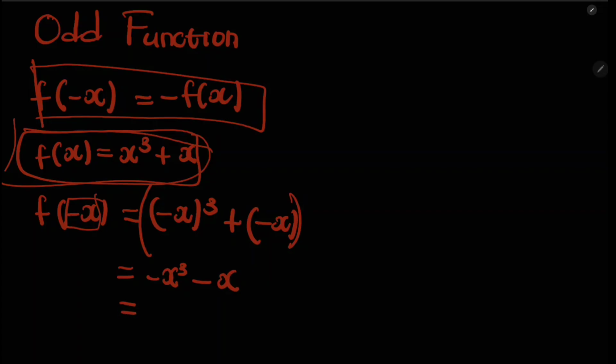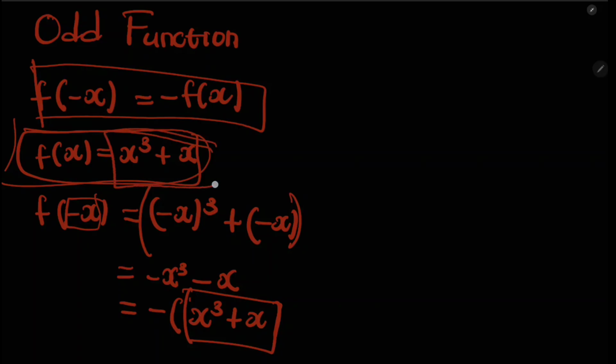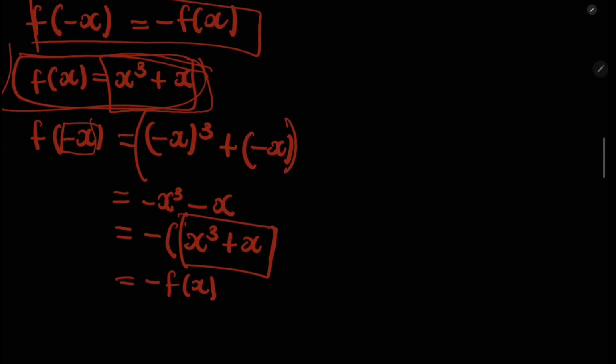And let's say we want to factor out this negative number. So we're going to have minus into x cubed plus x. And check it out. What is this? x cubed plus x is our f of x. So this is simply equal to minus f of x. And guess what? What can we conclude from here? We can simply conclude that our f of minus x is equal to our minus f of x.